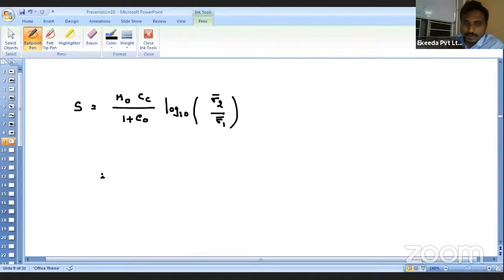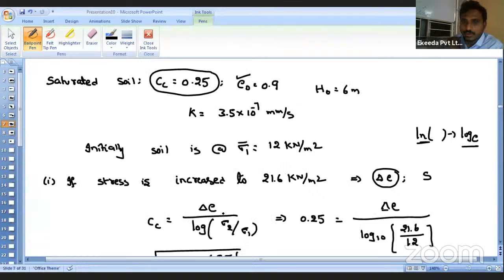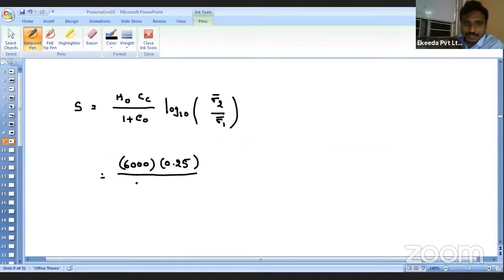The initial thickness is given as 6 meters, so let us convert into mm: 6,000. Compression index is given as 0.25, and the initial void ratio is given as 0.9. So directly substitute 1 plus 0.9 into log 10.